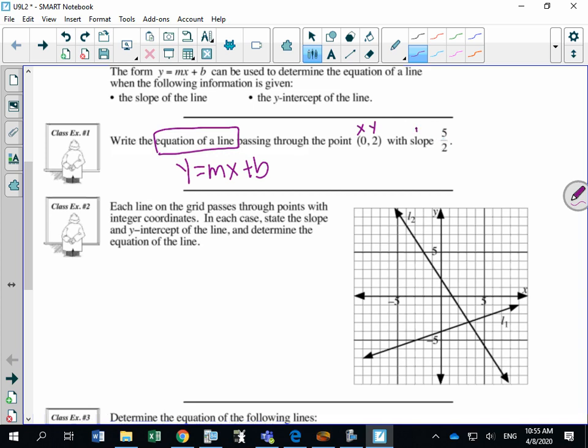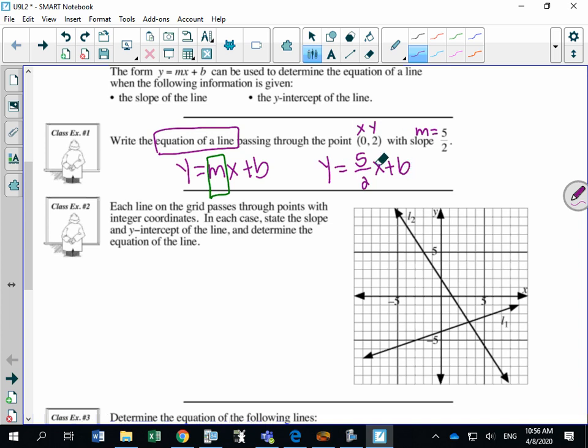The variable for slope is m, and they want m to be 5 over 2. So I'm going to take this out and put in 5 over 2. So y is equal to 5 over 2 x plus b. The only thing I'm missing is my b value, my y-intercept.